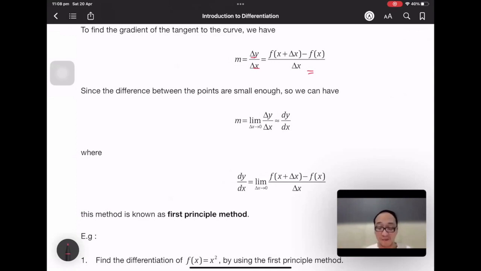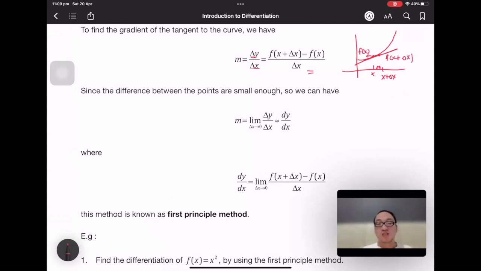If I draw here, we have the graph and two coordinates to find the tangent. This is x and this is x plus delta x, as the delta x separation. So the y value of this is f(x) and the y value of this is f(x plus delta x).